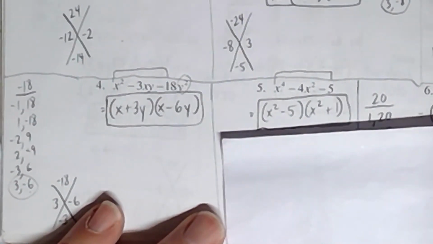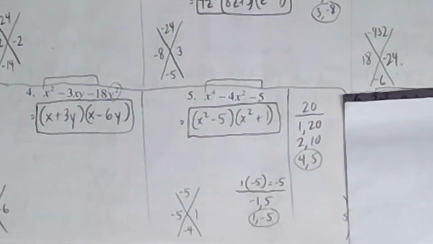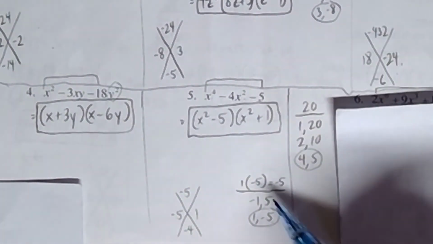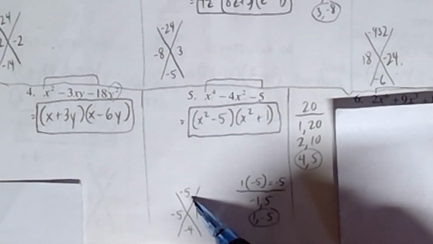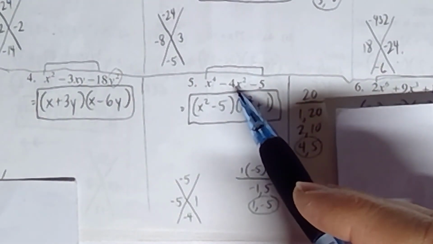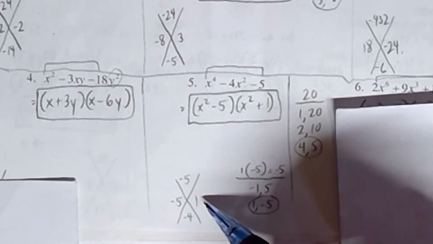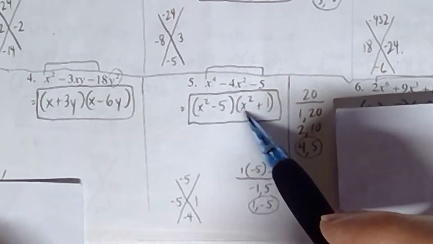Number 5. In number 5 we have the GCF is 1. We multiply the 1 times the -5. It gives me -5. -5 then, in order to get a number of -4 in the middle, the only numbers that will work are -5 and +1. So I put those in there. Why did I put x squared and x squared in there?